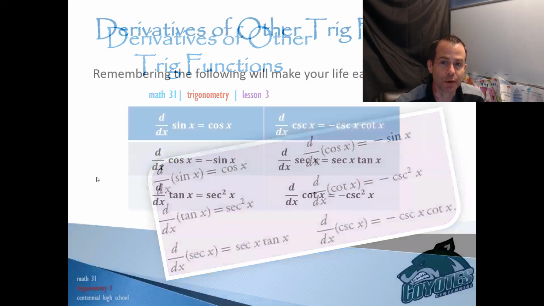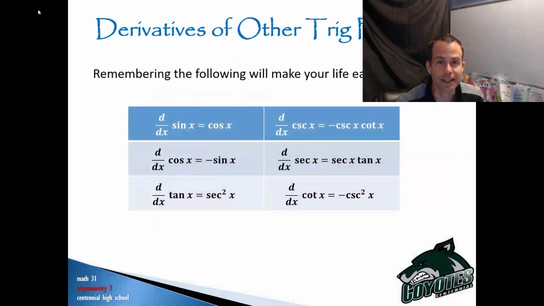And so essentially what we're going to do is look at these 6, and we're going to work with these 6. Now I've already given you the first 2. The derivative of sine was cos, and the derivative of cos was negative sine, okay? For fun, it would be neat if you could take all 4 of these other ones, change them to sine and cosine, and then take the derivative based on your sine and cosine equation and see if you can come up with these guys, okay?